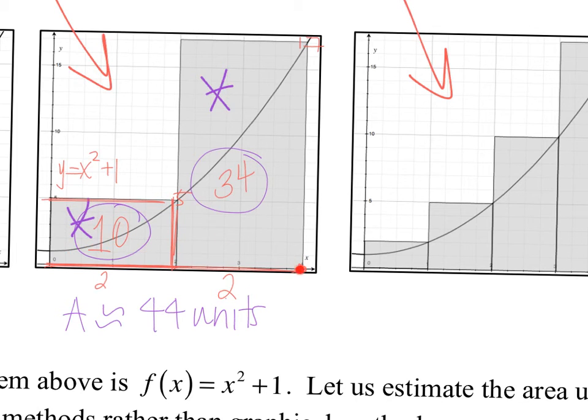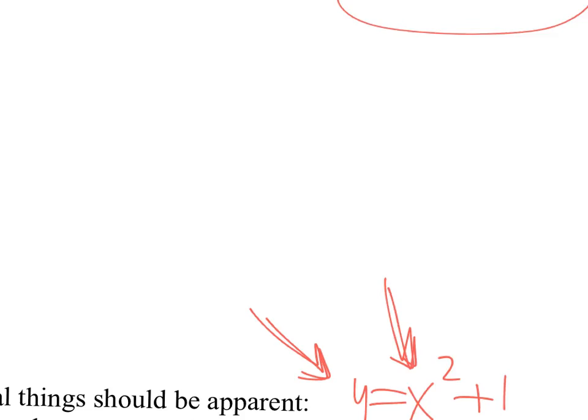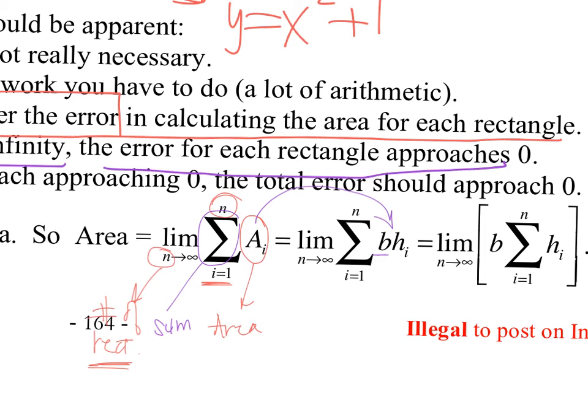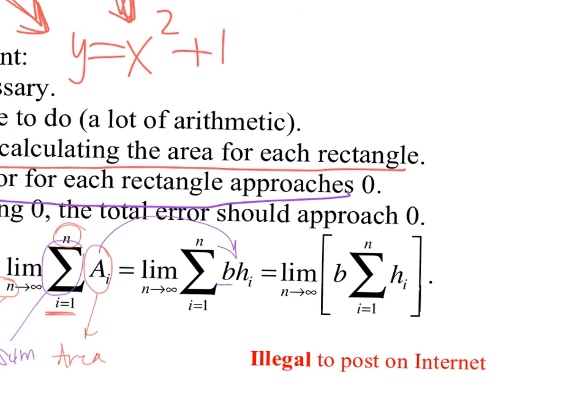Okay, and our height changed depending on what rectangle we were on, which was dependent upon what x value we were on. So base is a constant multiplier that we can pull out. So this is the definition of the true area under the curve.